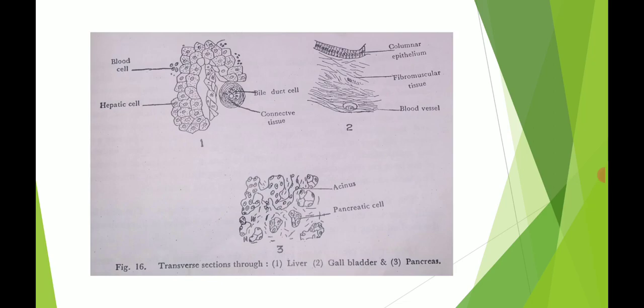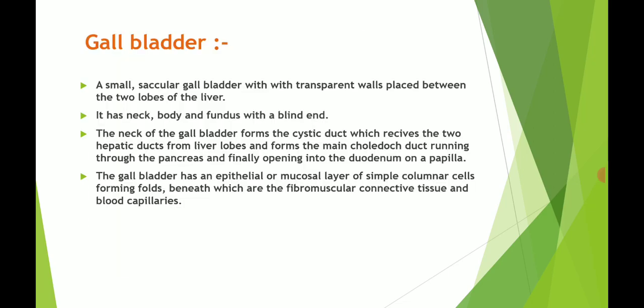On the next page we see the points related to the gallbladder. The gallbladder is small and saccular, with a transparent wall, placed between the two lobes of the liver. It has a neck, body and a fundus with a blind end.